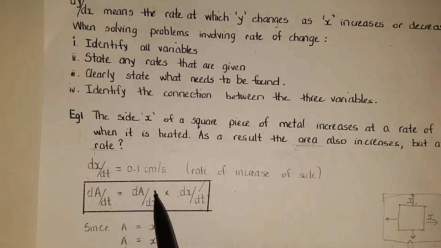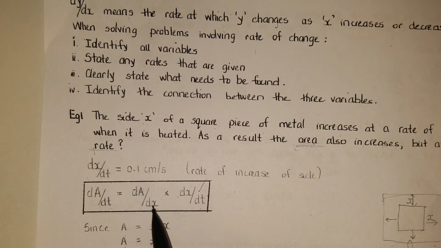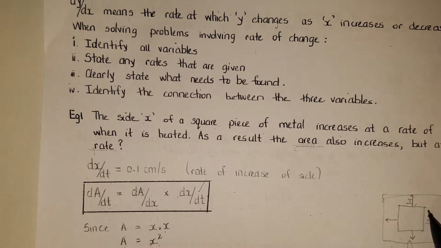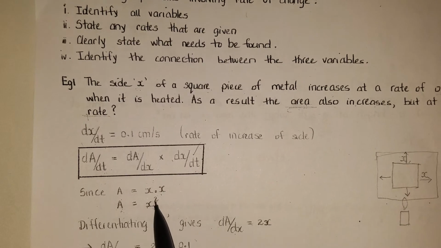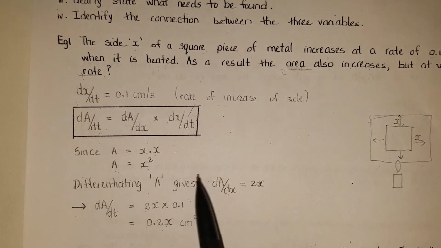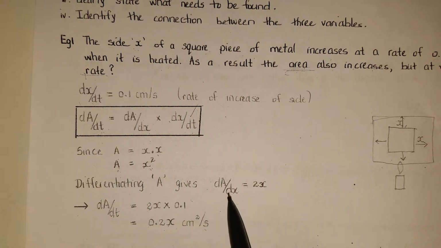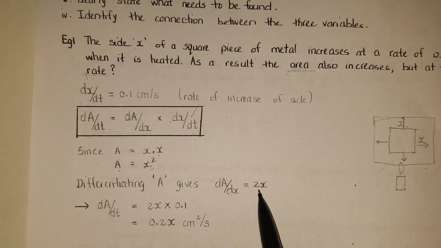Now, this is found from differentiating the area function. So, since it's a square, and the area of a square is length times width, we will get x times x, which is x squared. So here we have the area function, which is x squared. Therefore, when we differentiate it, we get dA/dx equals 2x.